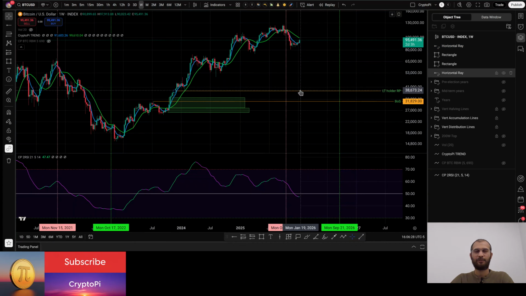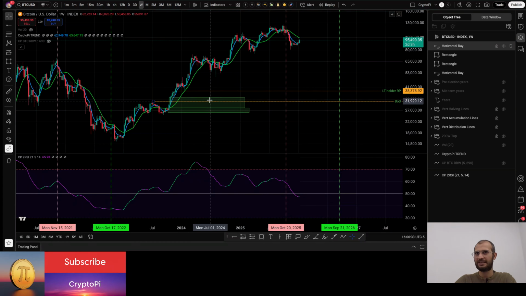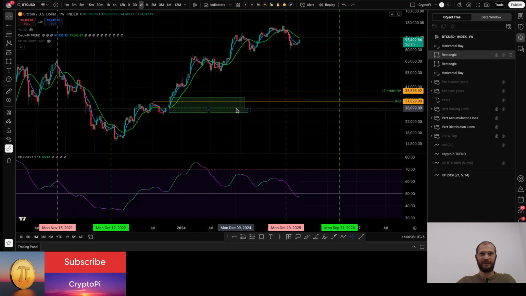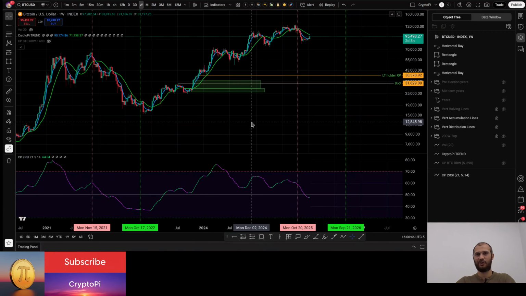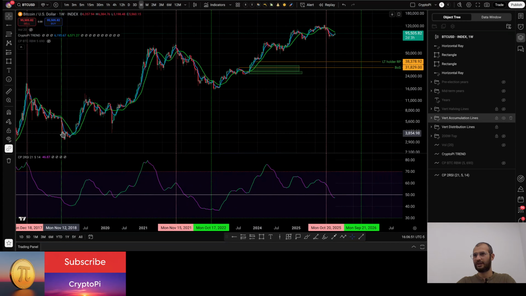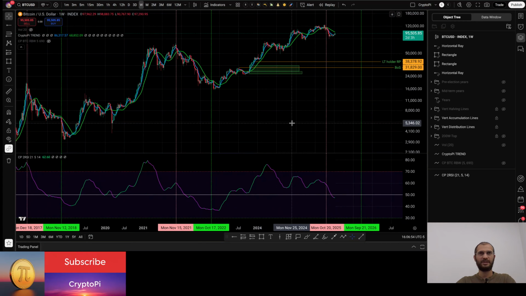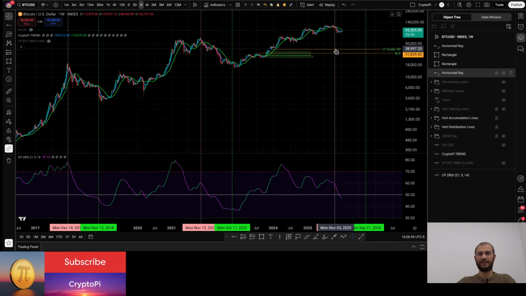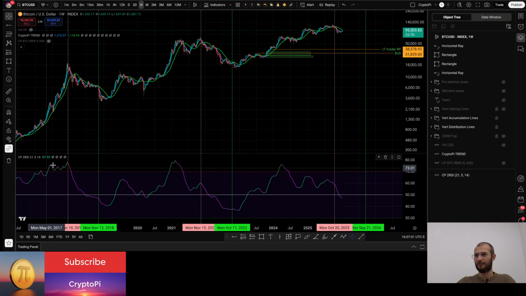Now, if the price comes into this range where it mitigates the fair value gap or the order block, that would be a perfect time for accumulation of Bitcoin. It would define the accumulation period of Bitcoin, just like the accumulation happened over here or over here. It will also be in confluence with what the relative strength index tells us.